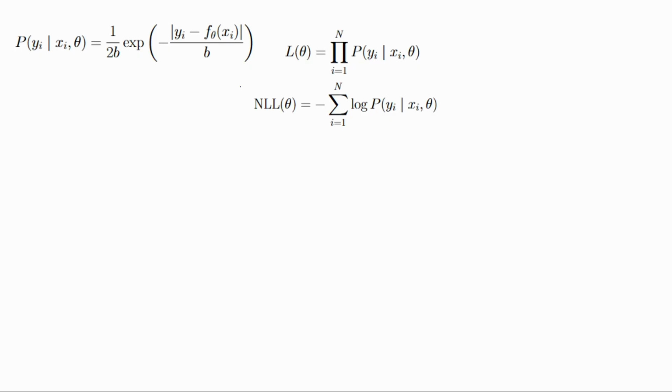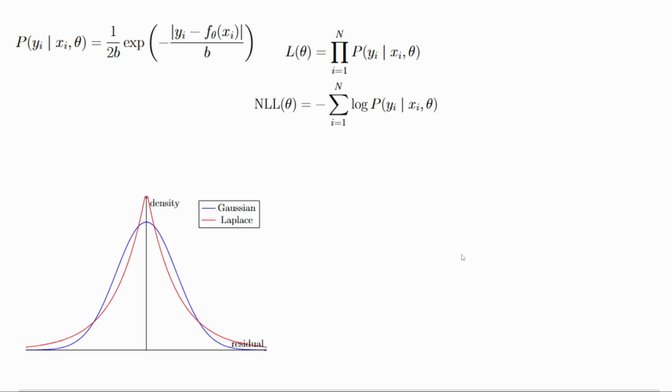So Gaussian noise punishes big errors quadratically, which we think is now too harsh if large errors are expected to happen sometimes. So instead, we reach for the Laplace distribution as follows. So this has the mean at 0 and scale parameter b.